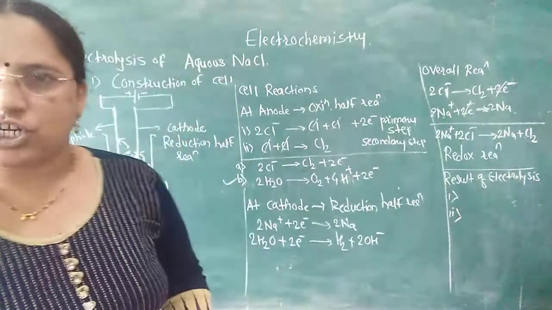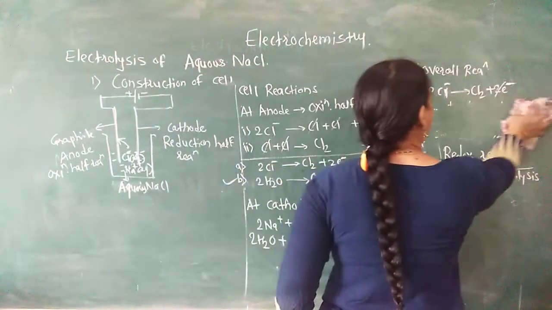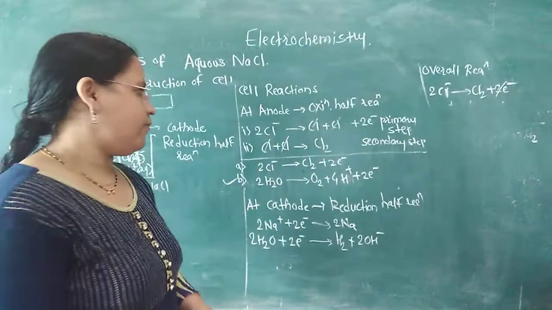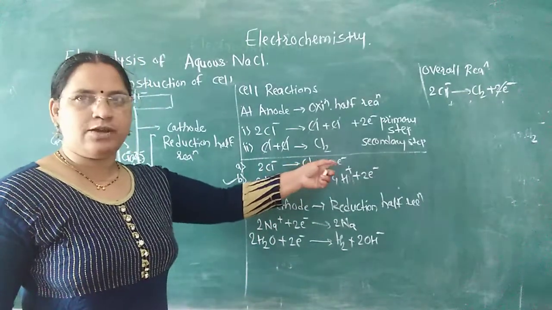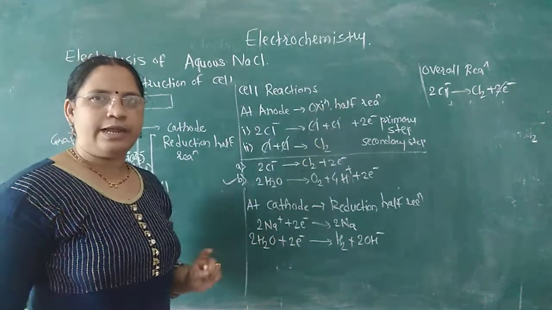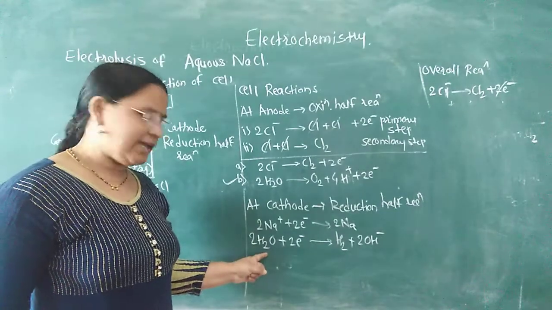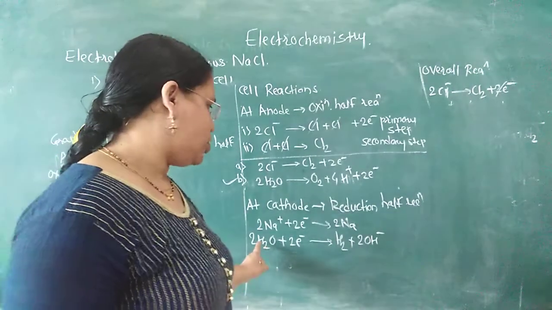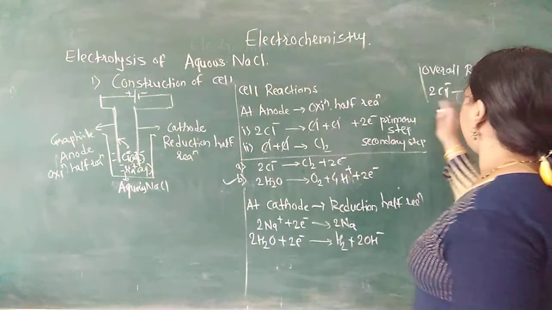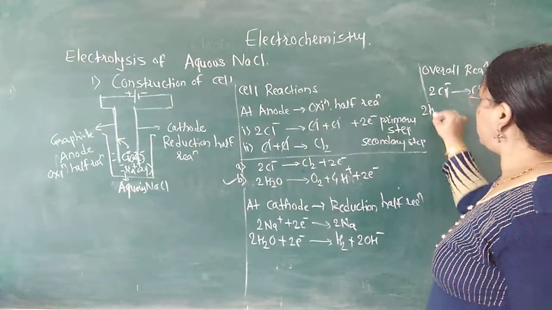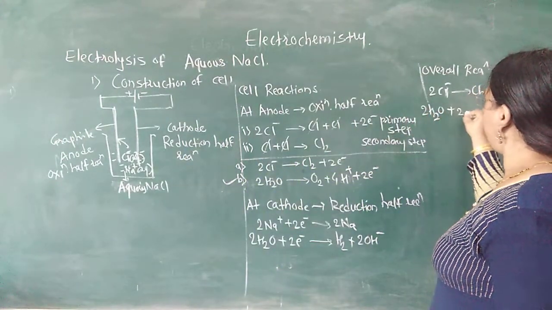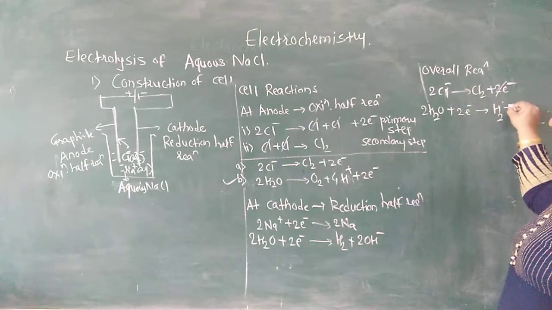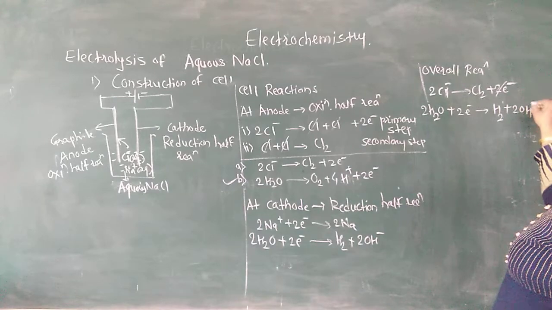Now, what about the overall reaction? The first one is 2Cl minus gives Cl2 plus 2 electrons, that is the reaction at the anode. And for the cathode we will consider the water molecule reaction, the second reaction: 2H2O gains 2 electrons and is converted to H2 gas plus 2OH minus.